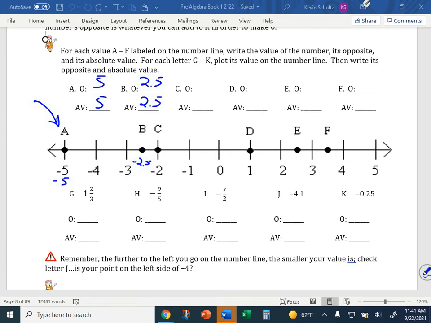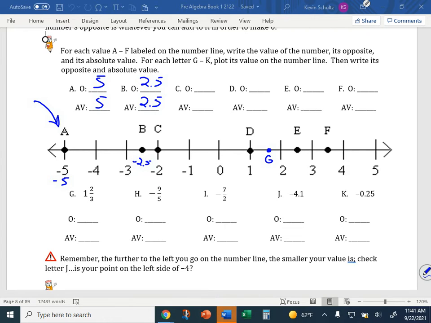What two integers will it be between? 1 and 2. Is it going to be closer to 1 or closer to 2? Closer to 2, right? Because it's 2/3. So you don't have to get it perfect, right? But approximately, we can see it's between 1 and 2. It is closer to 2, and that's going to be point G.